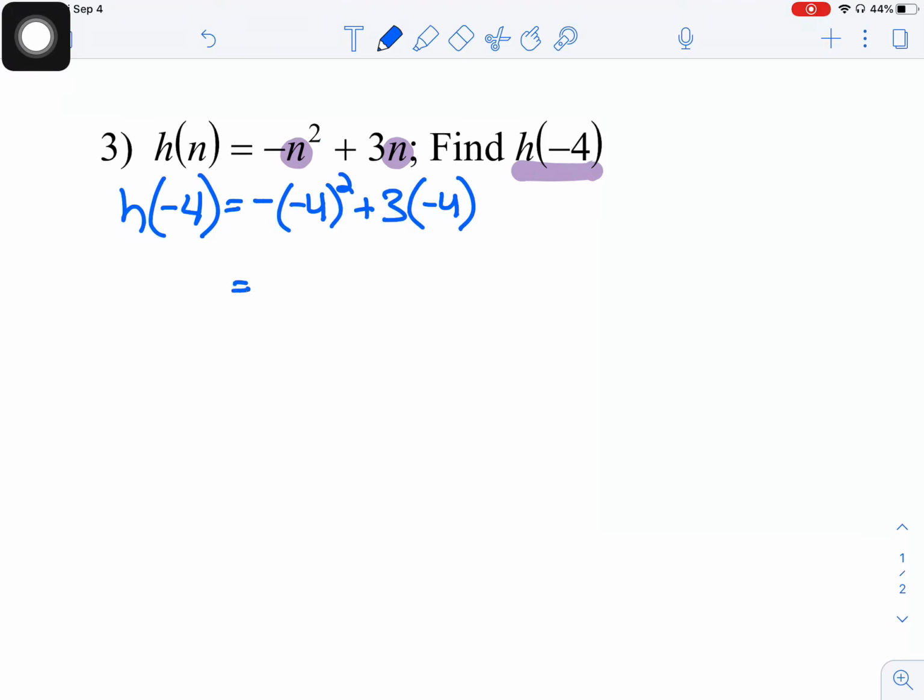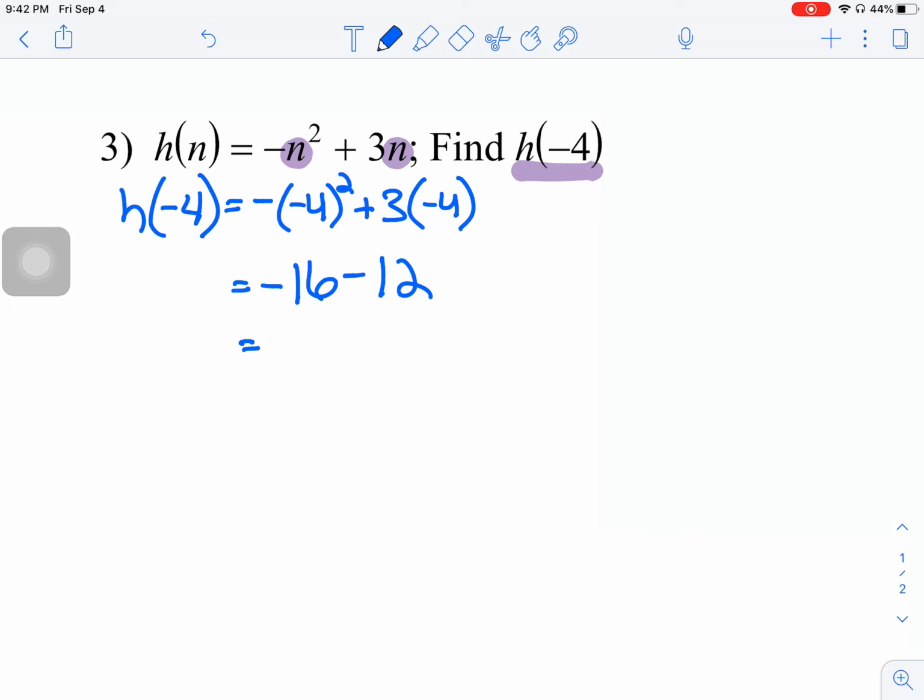Order of operations here, the very first thing I need to do is, in this problem, my exponent. So this negative I'm going to leave alone. And then when I take a negative 4 and square it, that means negative 4 times negative 4. That turns into 16. Okay, and then I've got positive 3 times negative 4. So that would be negative 12.